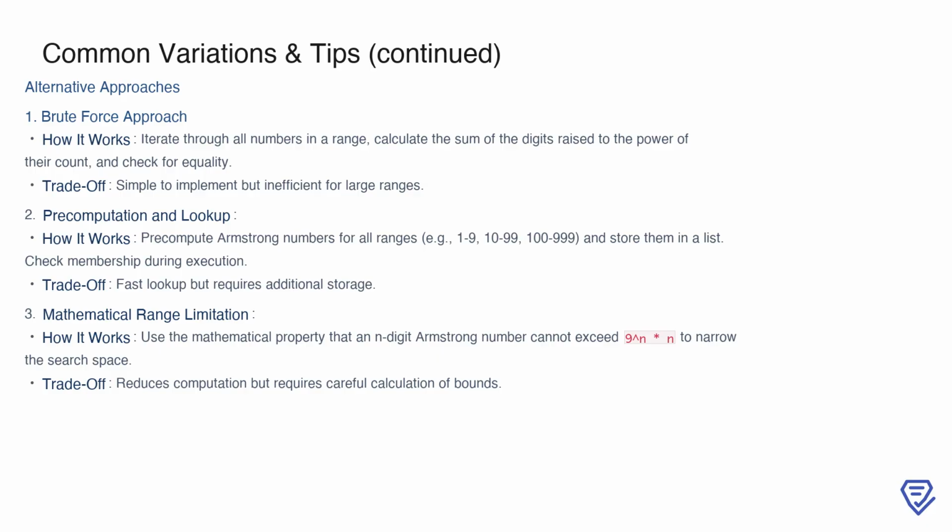By understanding that an n-digit Armstrong number cannot exceed 9 raised to the nth power, multiplied by n, you can significantly reduce the numbers you need to test. This trade-off reduces computation but requires careful calculation of the range boundaries. Each of these methods has its strengths, so choose the one that best suits the problem constraints and requirements.